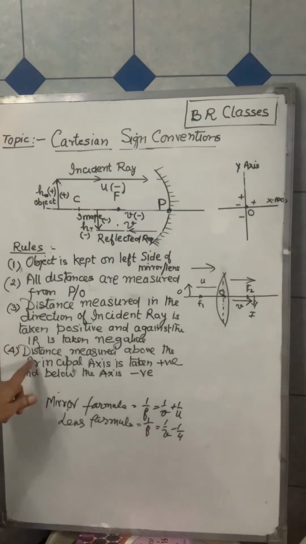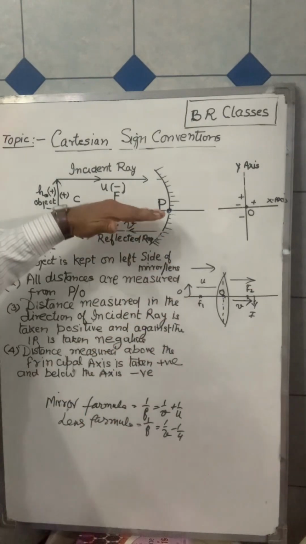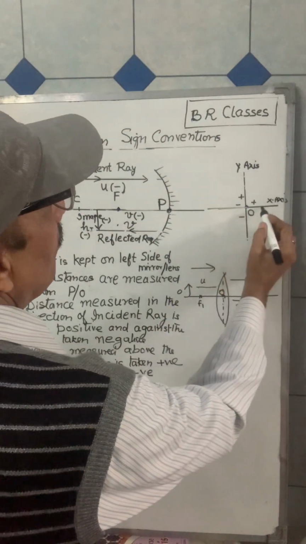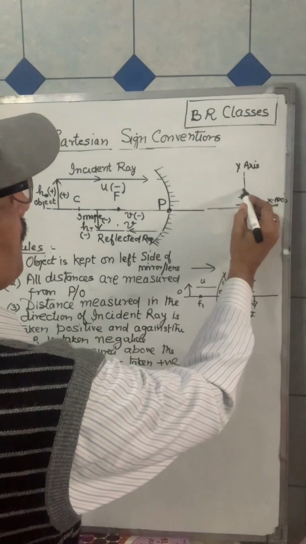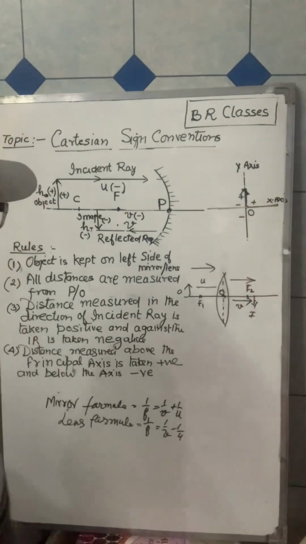Now fourth, distance measured above the principal axis. Suppose this is our principal axis; the distance measured above it is always taken as positive.